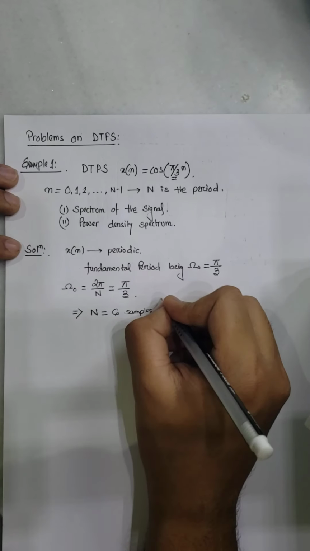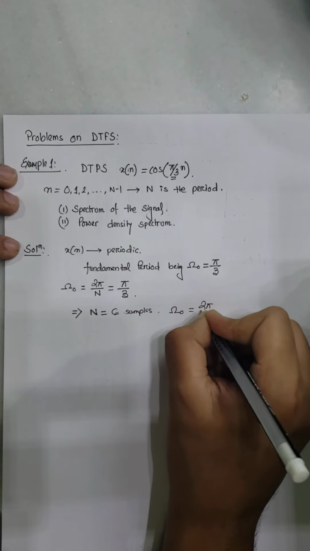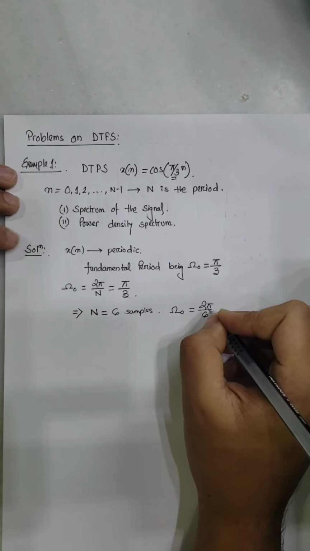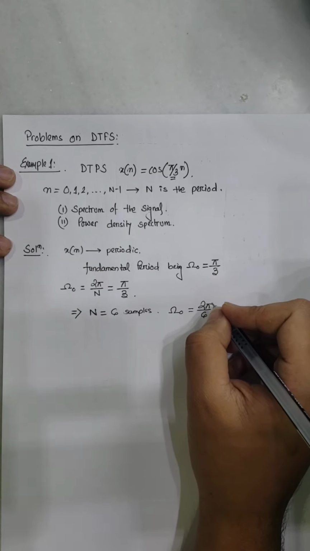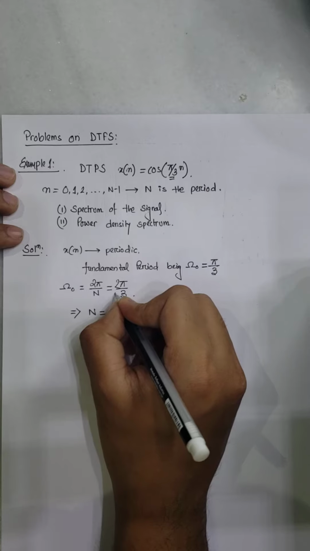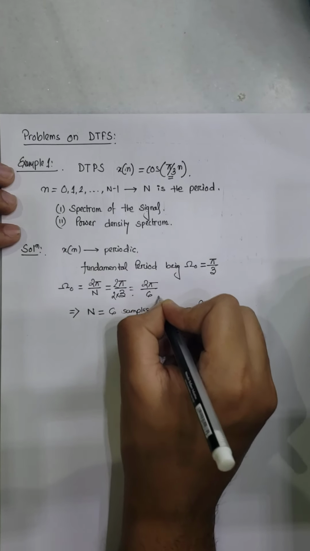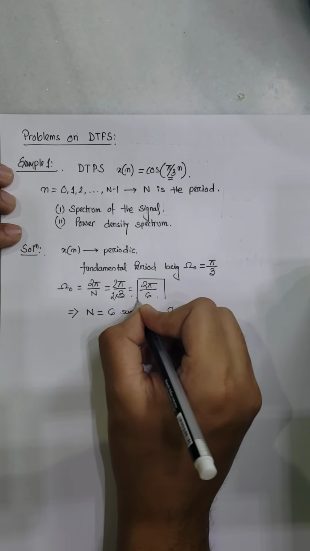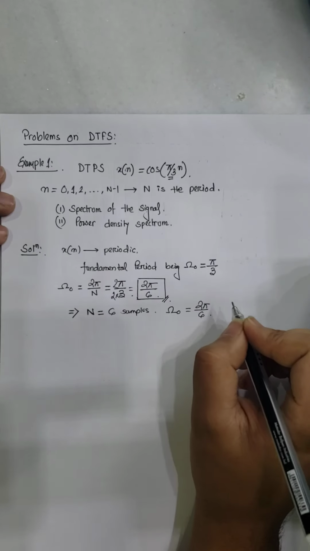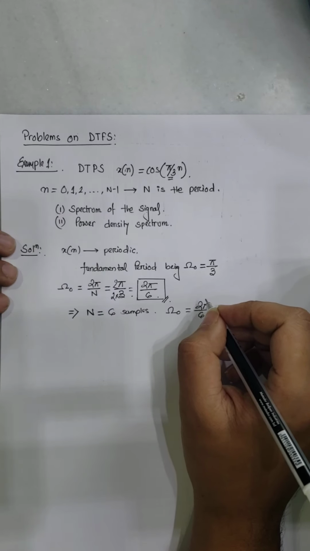And the fundamental period consequently becomes twice pi over 6. What I have done is multiplied the numerator and denominator by 2, and we got twice pi over 6. This is the required fundamental period through which we will proceed the calculation.